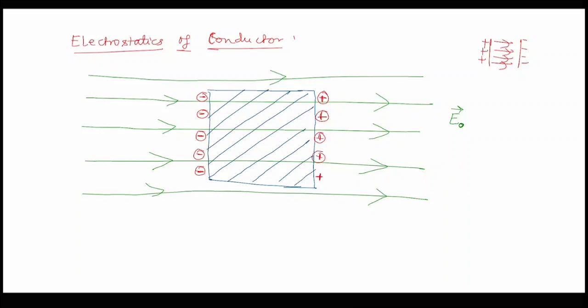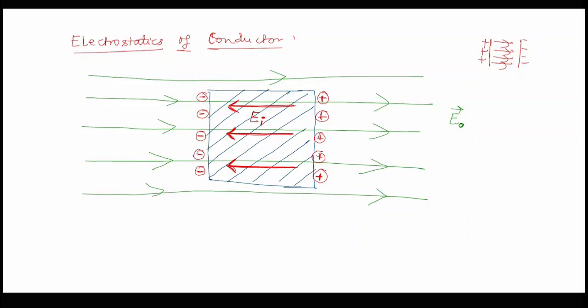As a result of these induced charges, an electric field is induced inside the conductor in the opposite direction. This is the direction of the induced electric field due to the induced charges in the conductor. This induced electric field, which I refer to as EI, will nullify the effect of E naught, as a result of which the electric field inside the conductor will become zero.